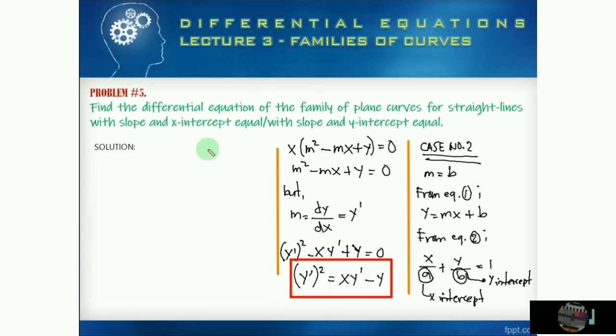So we are almost done. This would be now our last problem for this day, and we are almost there for the answer. So from equation 1, we have here y equals to mx plus b. Okay, and then we have here m is equal to b, so we can substitute mx plus your m.